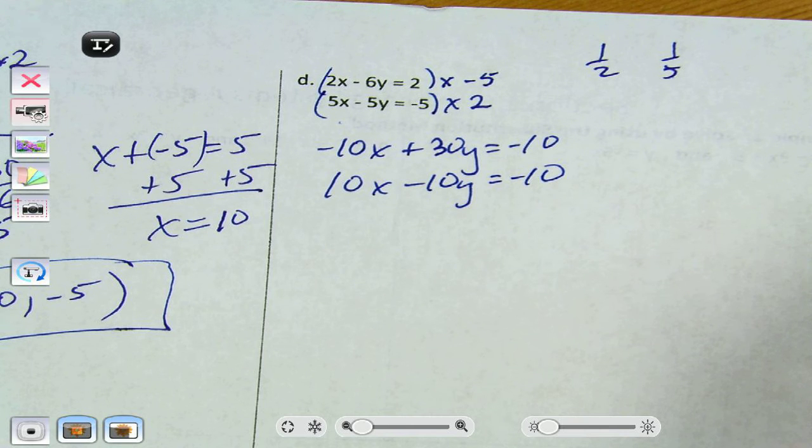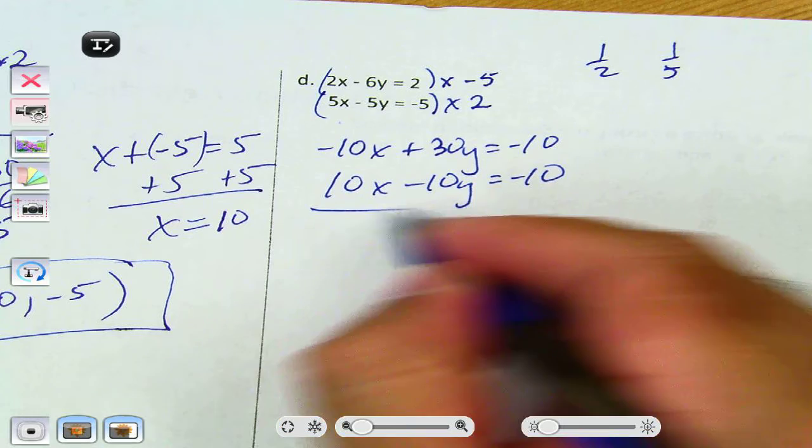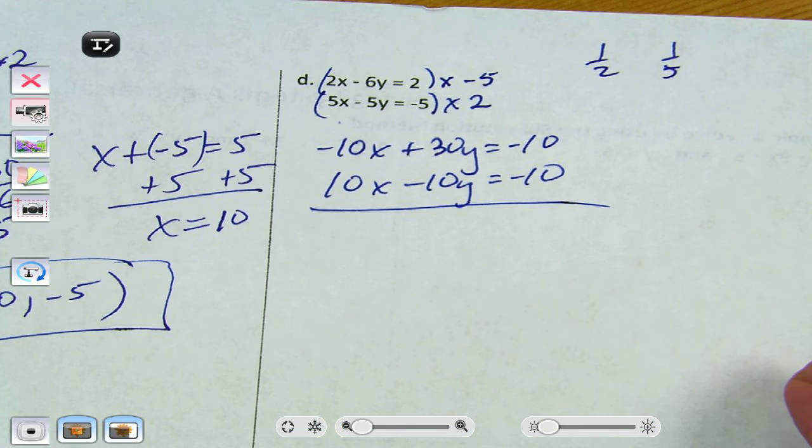Really? Did I make a mistake? Looks okay. Really? That's how my son says really. Does he live here or where does he live? He's in China. So cool.